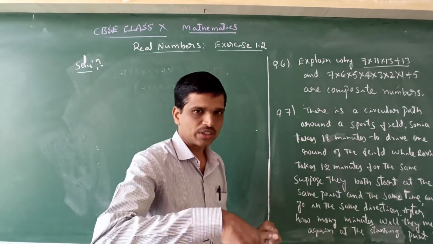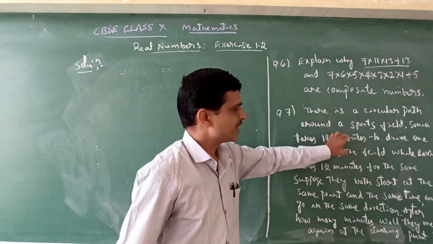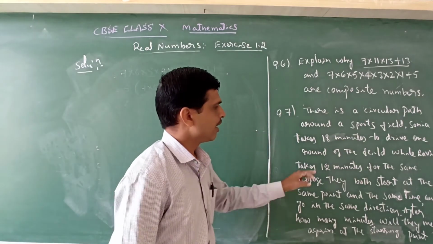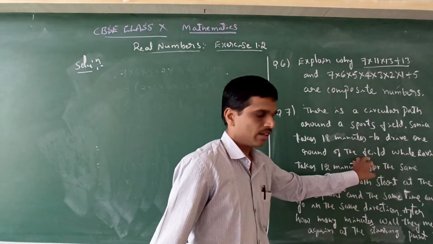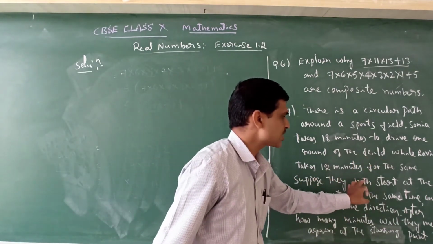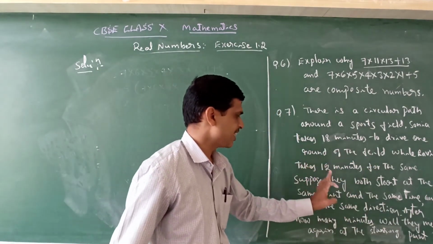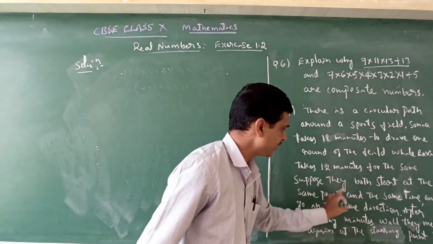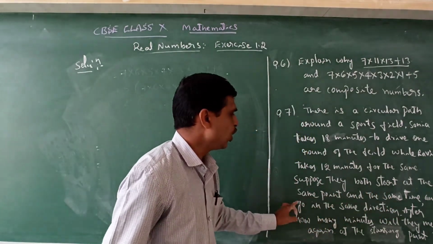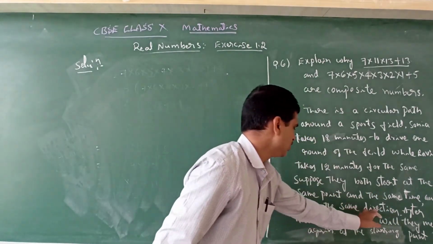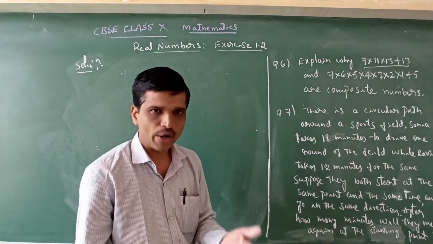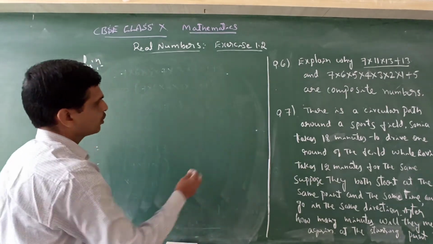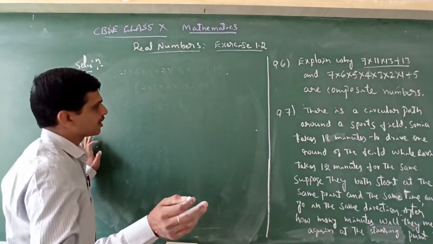Suppose they both start at the same point and at the same time, and go in the same direction. After how many minutes will they meet again at the starting point? So this is our question. You can go through the textbook also.